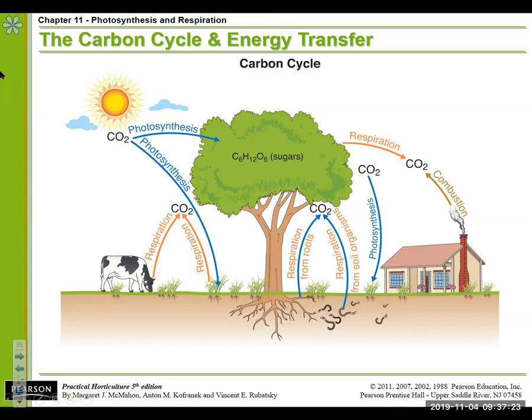The carbon cycle is one of the most important cycles for life on Earth. It's basically looking at how carbon, specifically carbon dioxide, is moved around. CO2 is sometimes vilified these days, but there's nothing wrong with carbon dioxide.